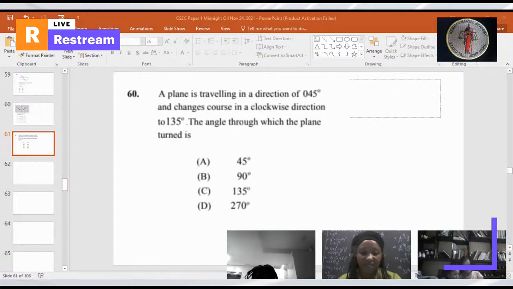We have 15 minutes to go, right? So we did the 60 questions. So we know that this will be the standard as of now. Whenever we're doing our midnight oil multiple choice questions, paper one, we will be doing our 60 questions.